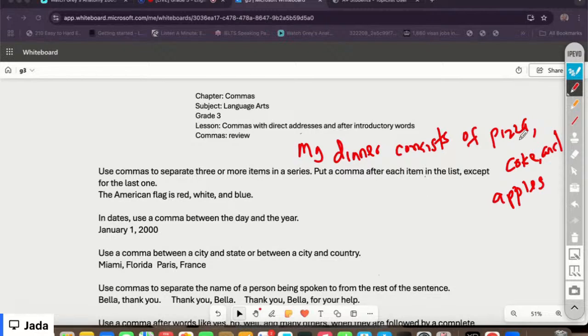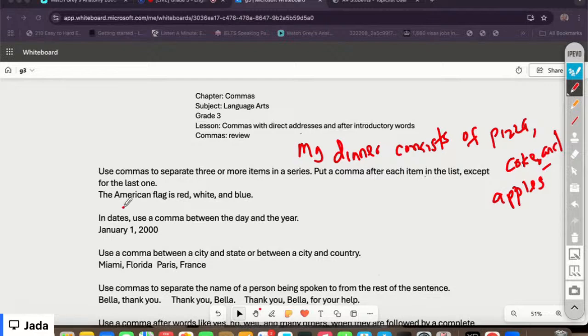Now you can say that after pizza we had a comma, and after Coke as well we had a comma. But you have to make sure that you do not put a comma after apples. So before the last item in a list, you have to put a comma between the word and the conjunction. We have a conjunction here which is and. So you have to make sure you put your comma in between the word and the conjunction.